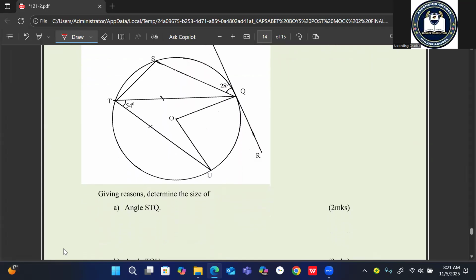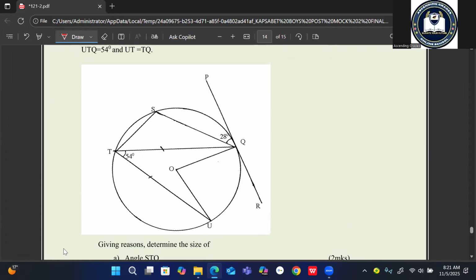Give reasons, determine the size of angle STQ. So we are told to find the size of this angle. When you look at this angle and that one, you realize that they are in alternate segments.